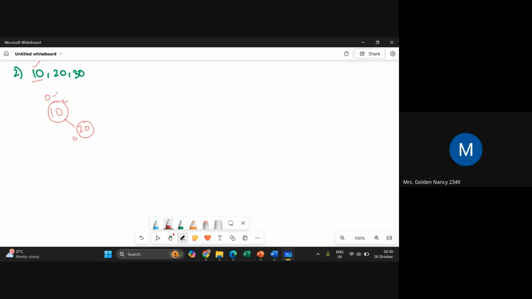On the right side you have one element. So the height of the left subtree minus the height of the right subtree: there is no left subtree, 0, and in the right subtree you have one element, so minus 1. Minus 1, 0, 1 is acceptable, so it is accepted.